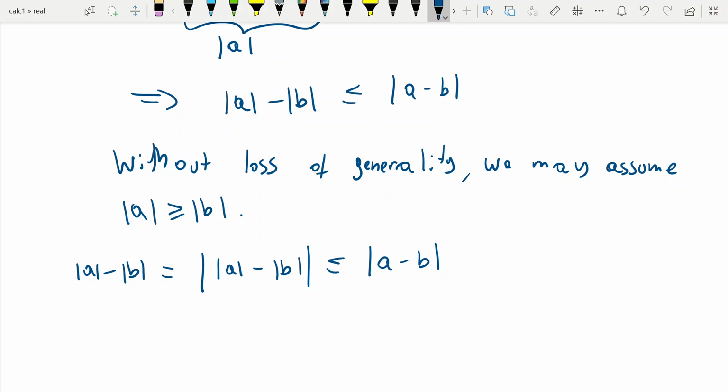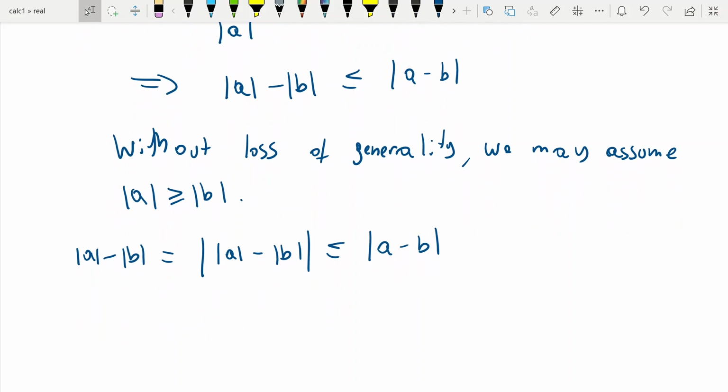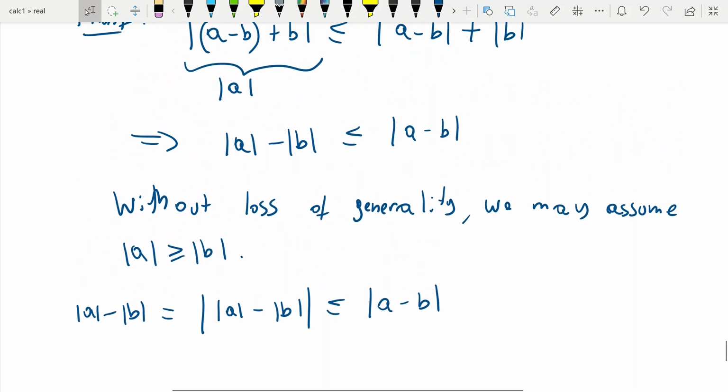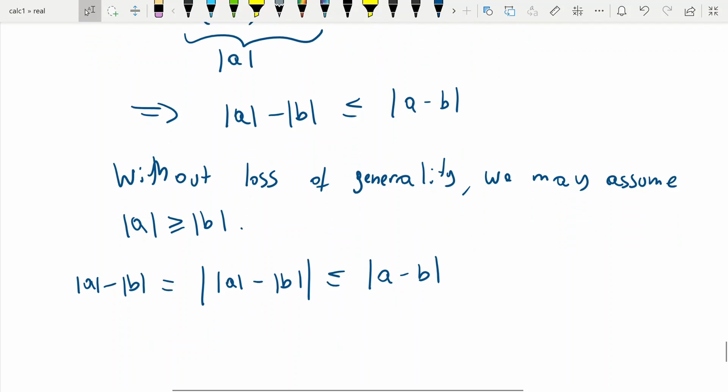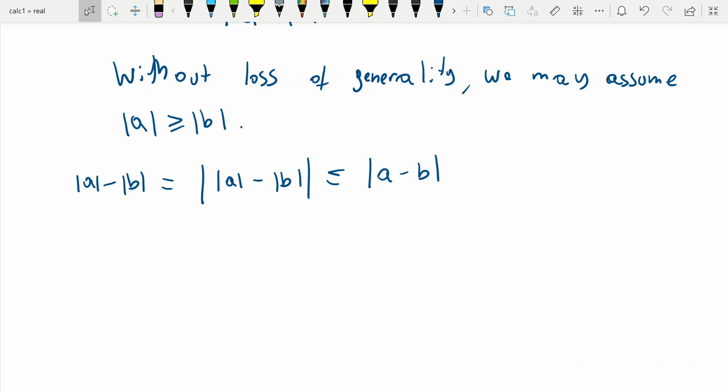So that's a very important property also. And in general, when we say without loss of generality, it means that we usually have a sort of symmetric situation, like in this case. So A and B can be interchanged, because this absolute value is the same as the absolute value of B minus A. And this comes from the first property.